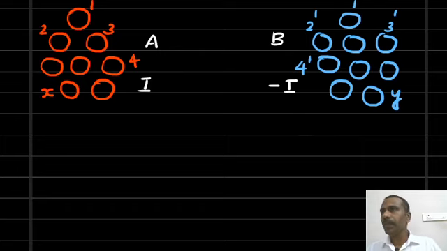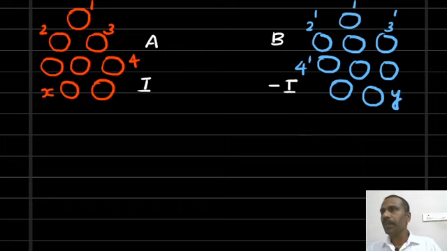Here the distance among the strands can be written as d12, and this distance can be written as d11 dash. Likewise, you can find out the distance between any two strands.